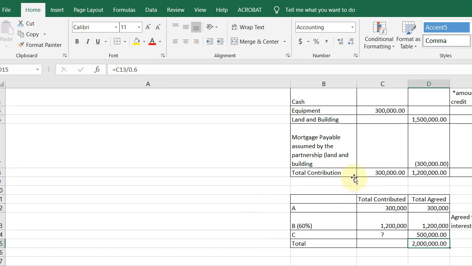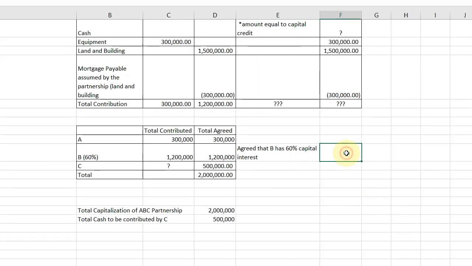So, let's work back. Okay? Again, we all know that from 100%, we all know that 1.2 is 60%. This one is, dahil tatlo sila, this one is 100%. So, we want to go from 60 to 100, kaya we divide 1.2 by 60%. Okay, ganun lang. So, 1.2 divided by 60% is 2 million. Okay, 60% is 1.2, 100% is 2 million.